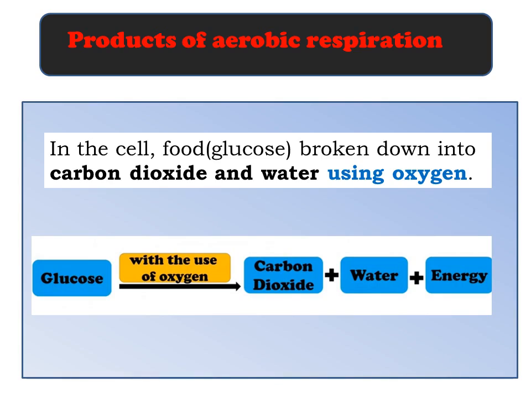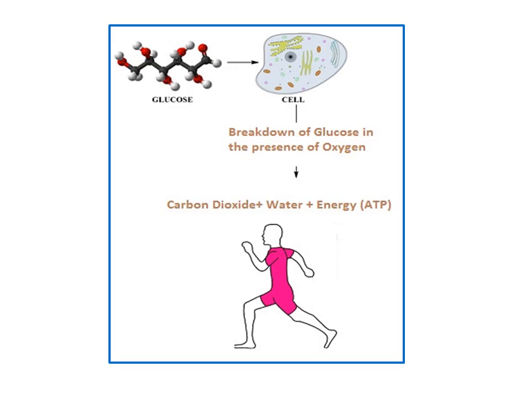So glucose, with the use of oxygen, is broken down into carbon dioxide and water with the release of energy. Now you can see in the picture here, glucose in the cell is broken down into carbon dioxide, water and energy in the presence of oxygen.